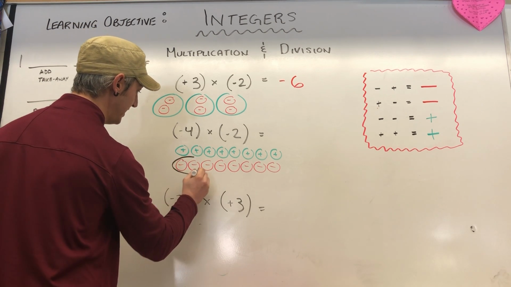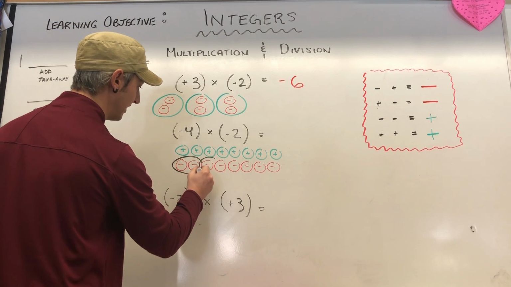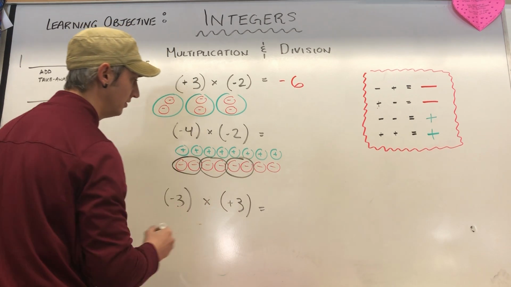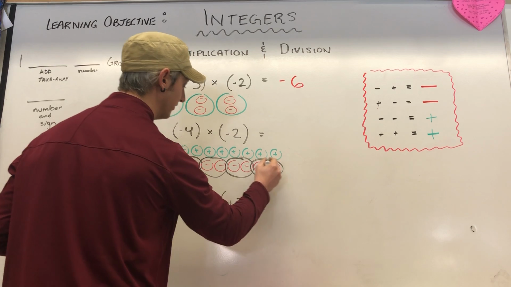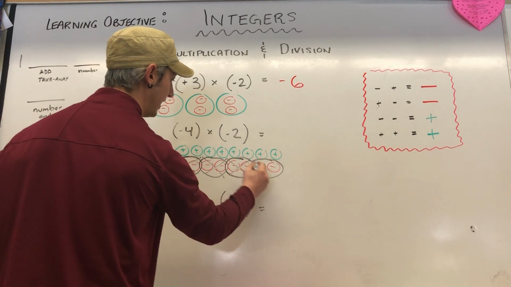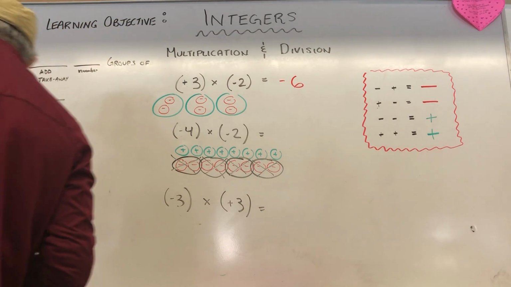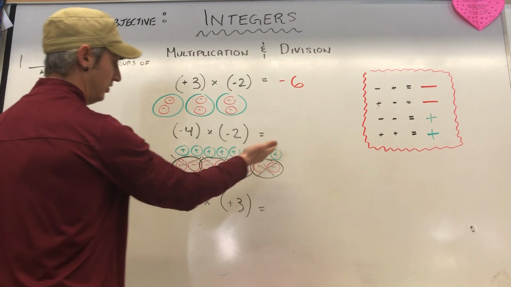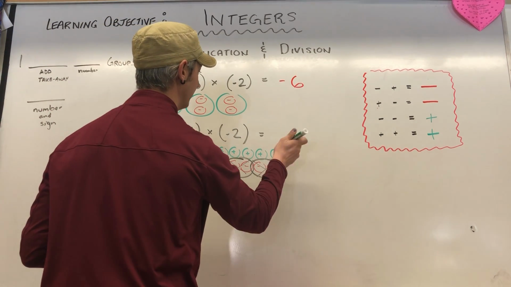Here's one group of -2. Here's a second group of -2. Here's a third group of -2. And here's a fourth group of -2. And I'm going to take away each of them. I'm taking away 4 groups of -2. And what am I left with? You guessed it, +8.